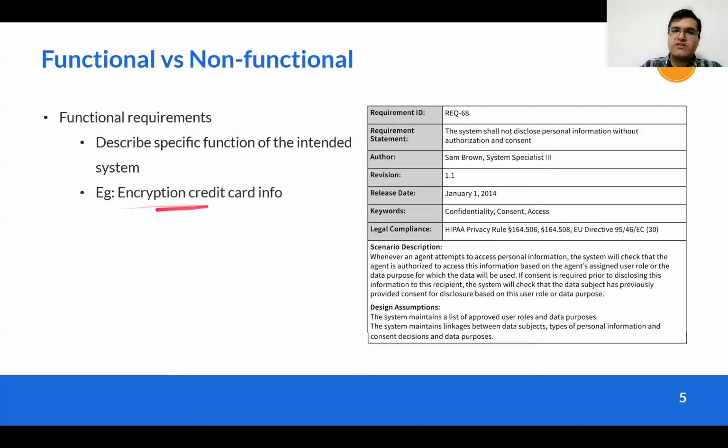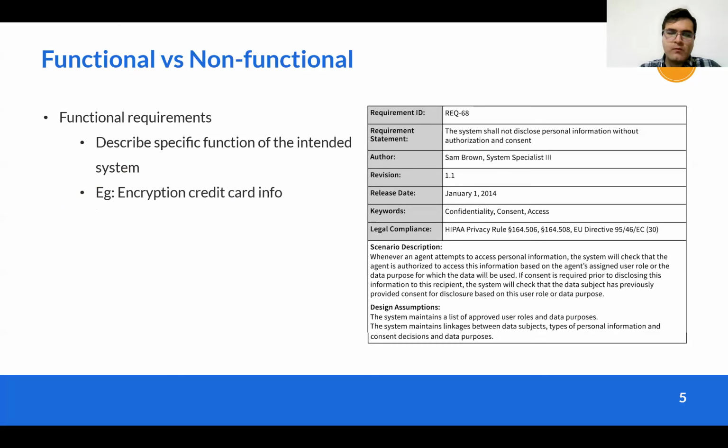For example, if you have credit card transactions on your website, the system's ability to encrypt the credit card information is a functional requirement. This is more on the security side. Another functional requirement could be the ability to browse a list of hotels.